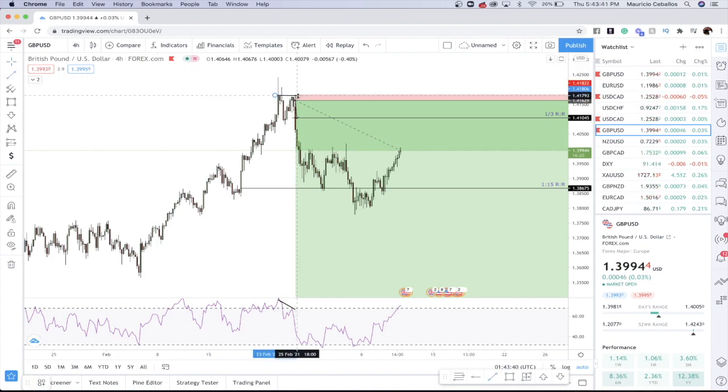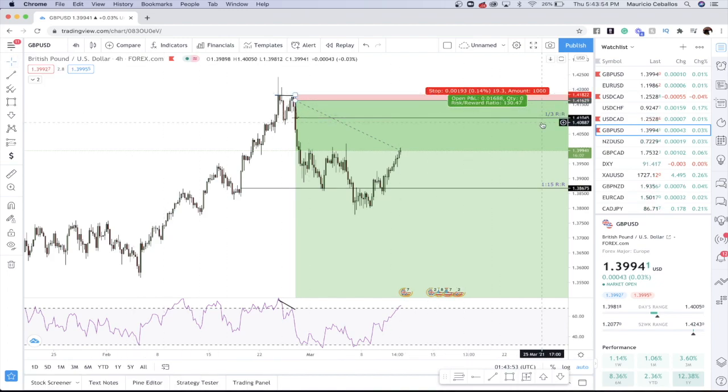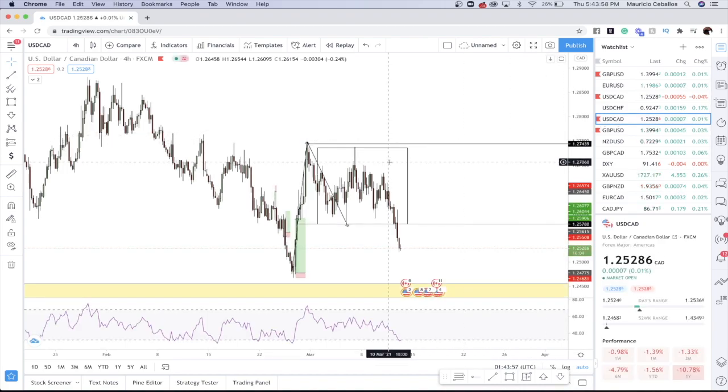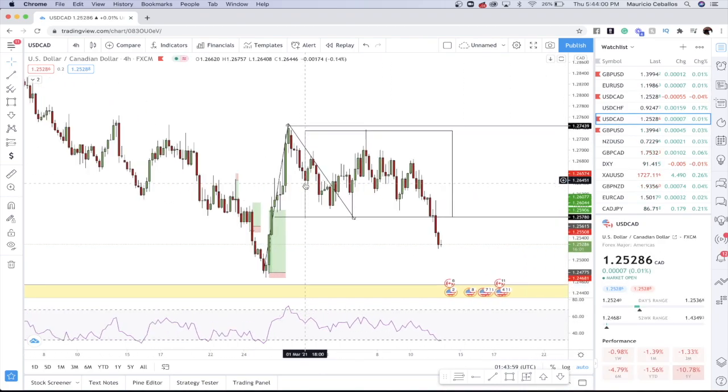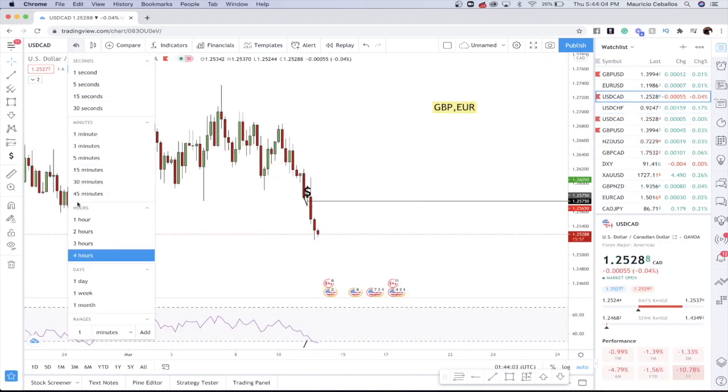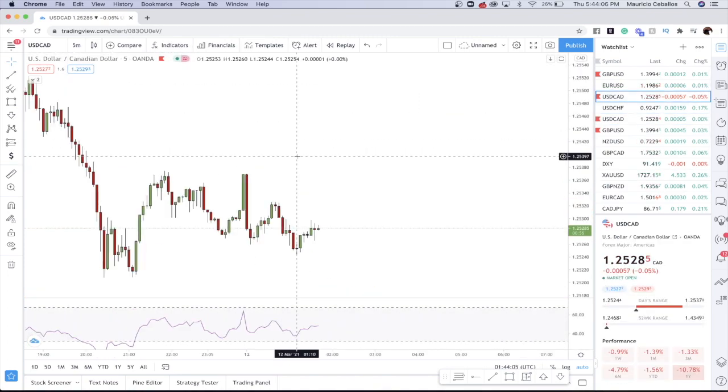So we were able to identify that there was divergence, and overall the time that we were trading it was around the New York session, where we had a lot of volatility for the market to go down. I'll be talking about how to trade with that divergence later on in the future, but for now, I revealed to you guys my settings and how you can take these specific settings into consideration for your trading journey.